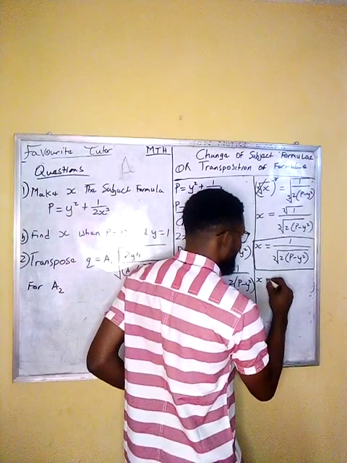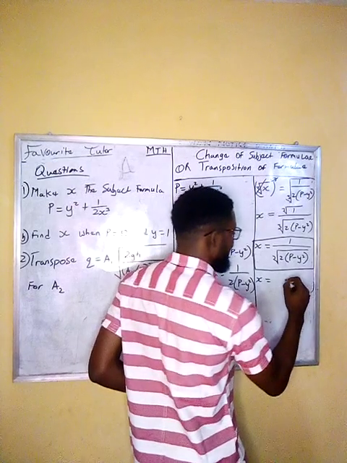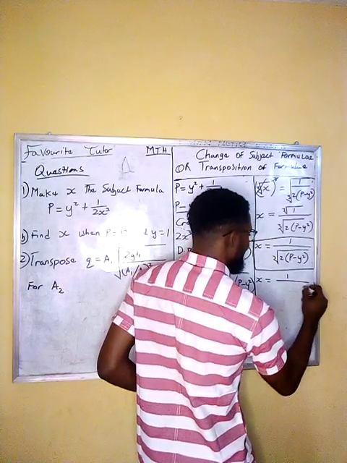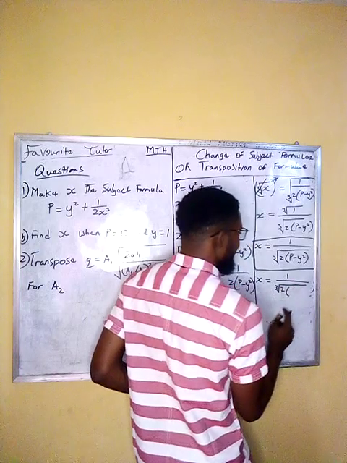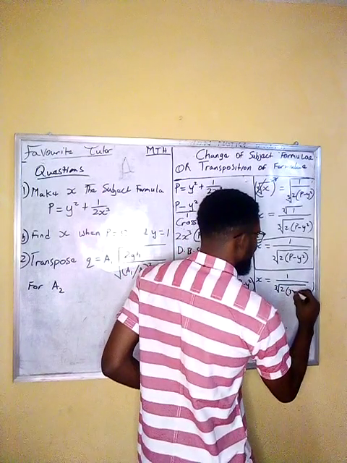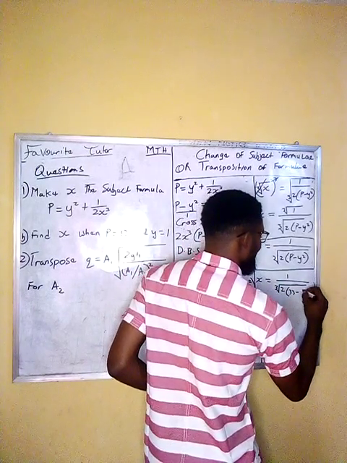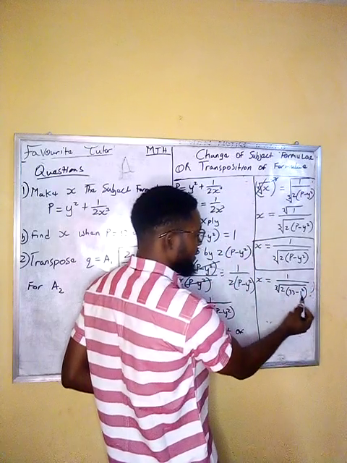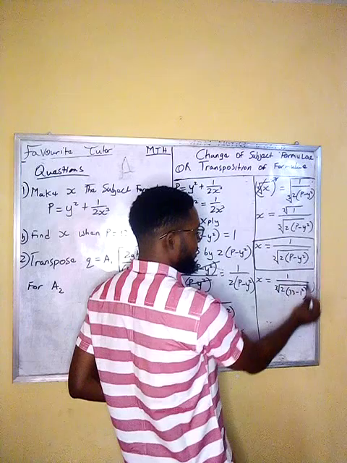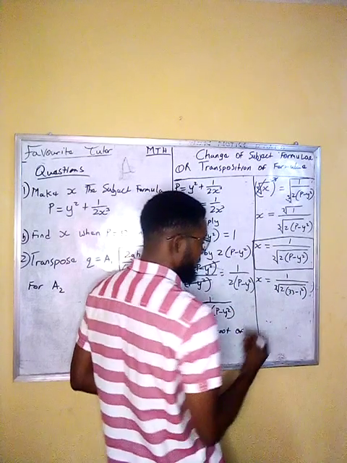So x is equal to, let us substitute the values, 1 all over the cube root of 2 bracket P, which is 33, minus y, which is 1. Since y is 1 and y is raised to the power of 2, it is going to be 1 raised to the power of 2.